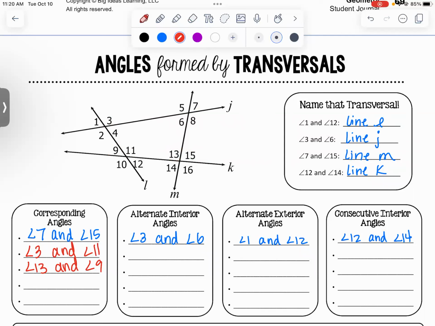All right, we're going to move on to alternate interior. I'm going to pick angle 8. Clark, can you give me the alternate interior angle to angle 8? He thinks, is he right? He is, yeah, very nice.